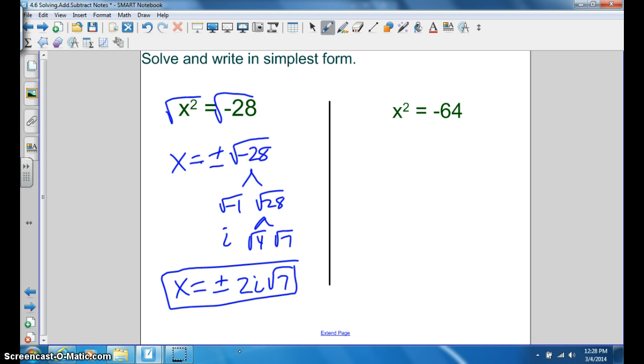For these, we are just solving like we normally would, except now we have to add an i in our answer since we have a negative under the square root. Without even looking at this next example, we can probably determine what our answer is going to be right away, because 64 is a perfect square. So we know our answer is going to be plus or minus 8i.